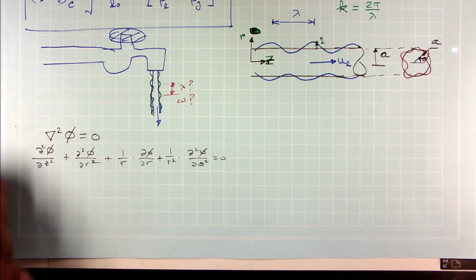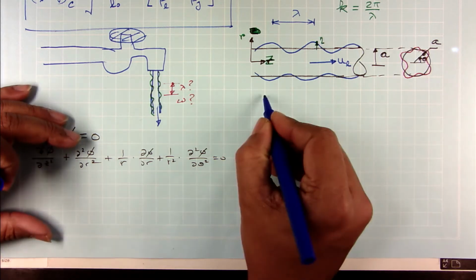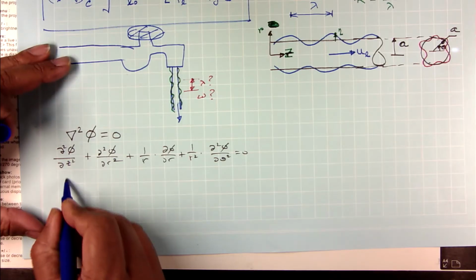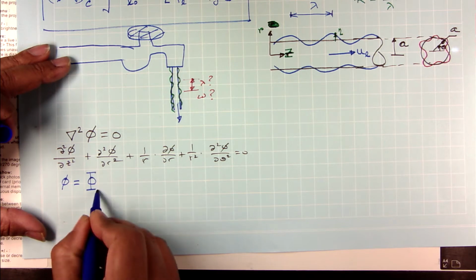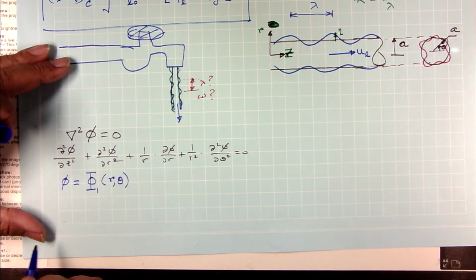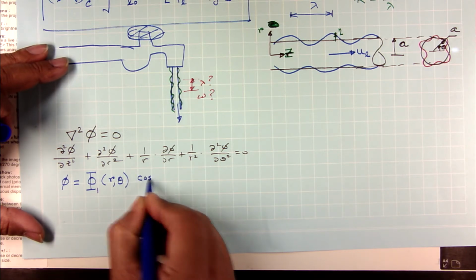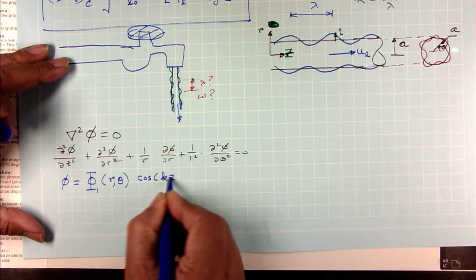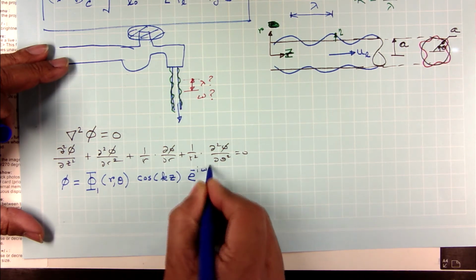So, the least complicated solution that I can think of is where phi has a form where one part of the function is a function of r and theta, the other one is sinusoidal in z, and then e to the power of minus i omega t.